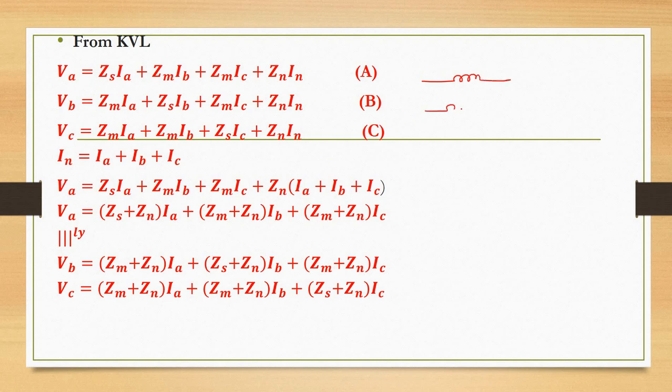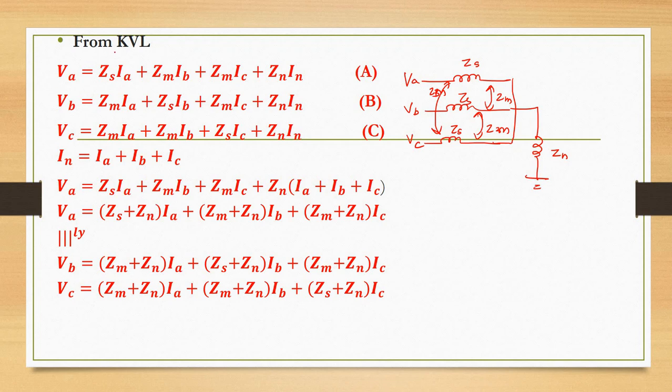I draw the circuit now. It is connected to the neutral impedance Zn, Zs, Zs, and between the phases Zm, Zm, Zm, with VA, VB and VC.